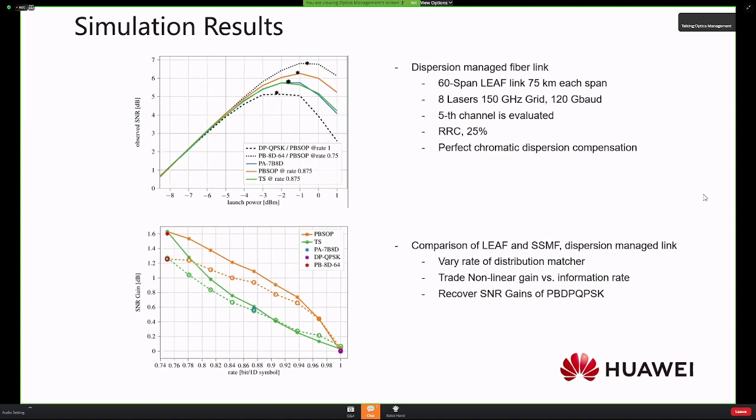Then if we do this over the rates from 3/4 to 1, you can see that at 3/4 we see the highest gains, but also for something in between there is a rather high gain of this probabilistic shaped version over the time sharing, which is as flexible.